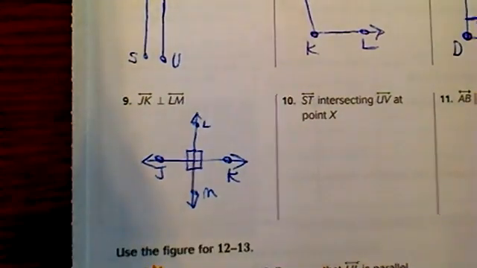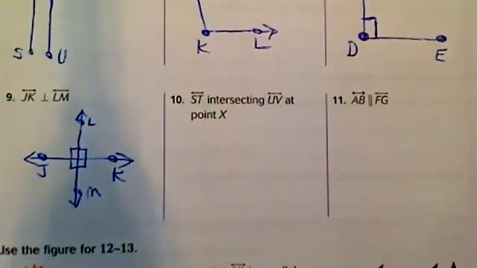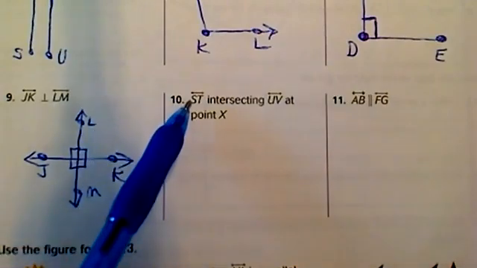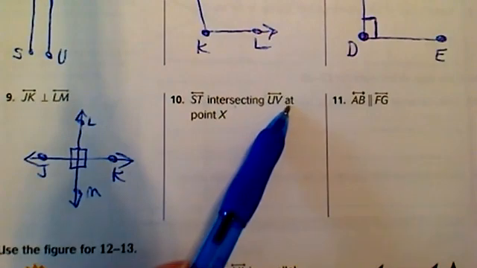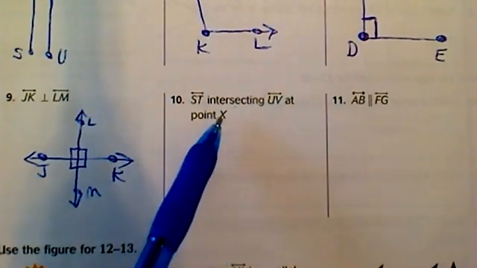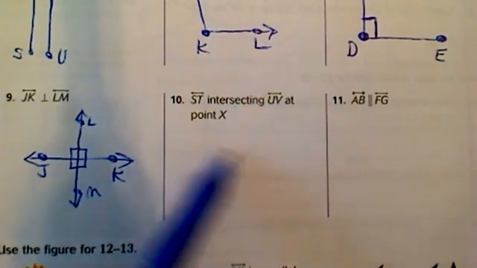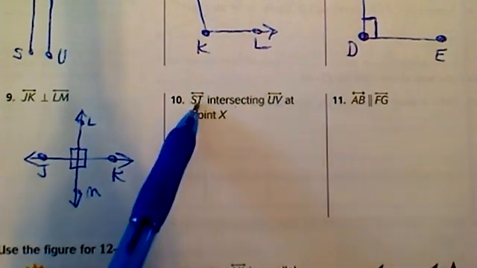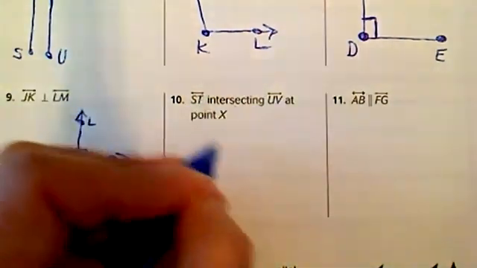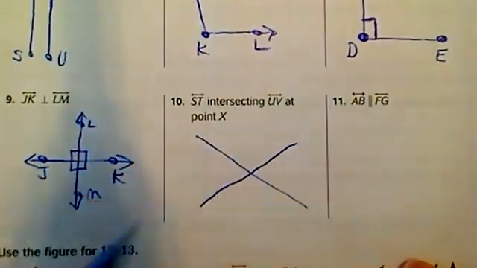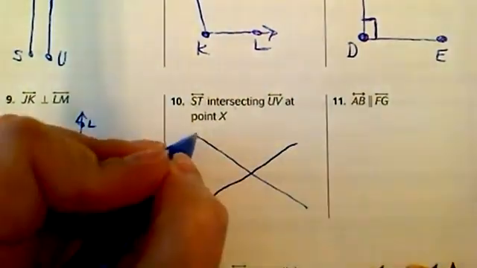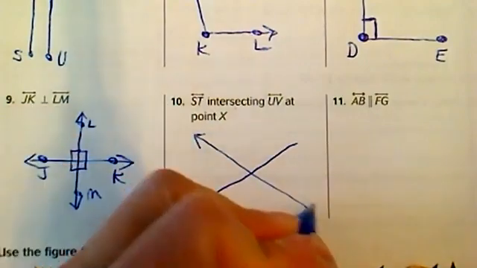Okay, let's try this one. This one gives a little bit more instruction. Line ST intersecting line UV at point X. Now it doesn't say that they're perpendicular. It just says they're intersecting. So the way I do this is I make a big X. And then I'm noticing I'm making lines.